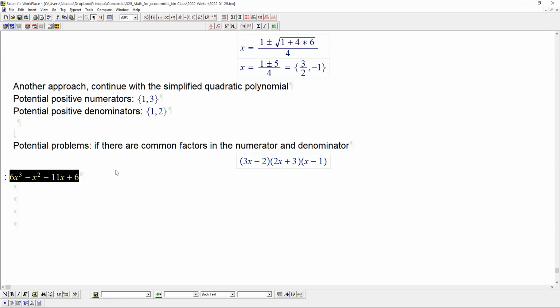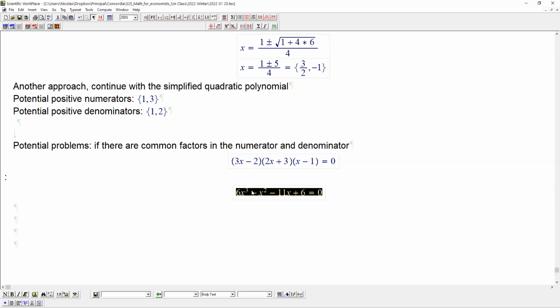So I would get this. I can pretty much see that I have to use 2 and 3 potentially here and 2 and 3 potentially here, because it's sort of impossible to simplify this, right?